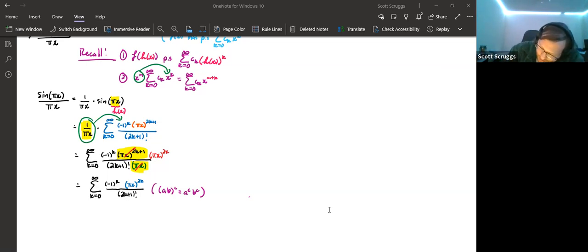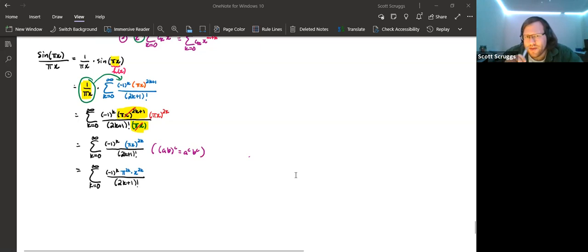giving me the sum, k goes from 0 to infinity, -1 to the kth power times pi to the 2k power times x to the 2k power divided by 2k plus 1 factorial.